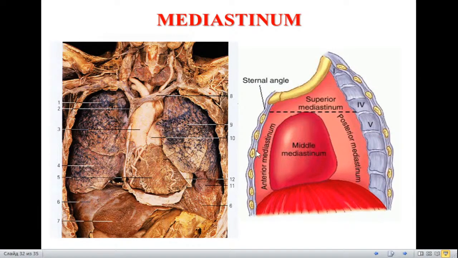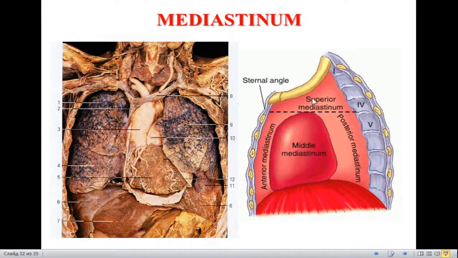The anterior mediastinum is bounded by the posterior surface of the sternum and the anterior surface of the pericardium. Then the middle mediastinum is between the anterior and posterior surfaces of the pericardium, and the posterior mediastinum is between the posterior surface of the pericardium and the anterior surface of the vertebral column.